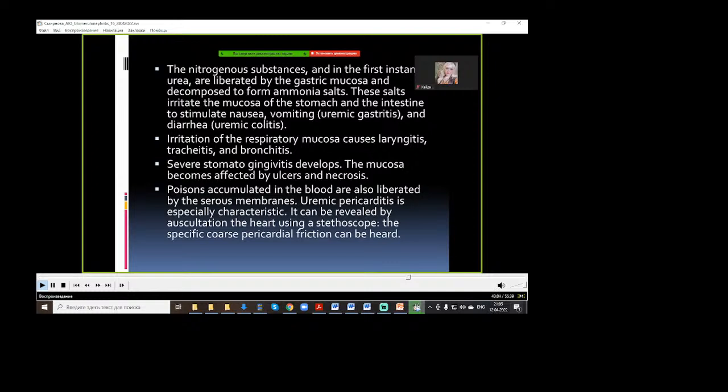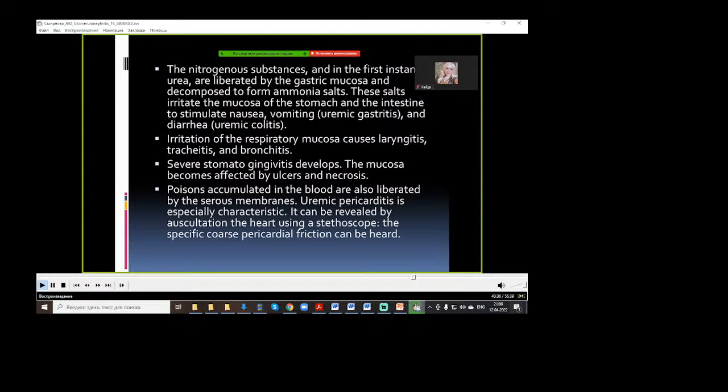These salts irritate the mucosa of the stomach and the intestine to stimulate nausea and vomiting, so uremic gastritis will develop, and diarrhea, uremic colitis. Irritation of the respiratory mucosa causes laryngitis, tracheitis, and bronchitis. Severe stomatitis and gingivitis may develop. The mucosa becomes affected by ulcers and necrosis.